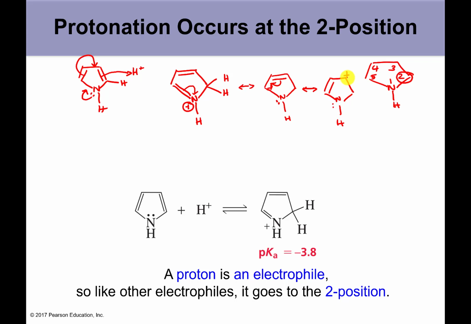Now to really decide what's going on, you have to look at what happens when you protonate in the 3 position. So what we'll do is take pyrrole and draw it again and pretend that we protonated in the 3 position.